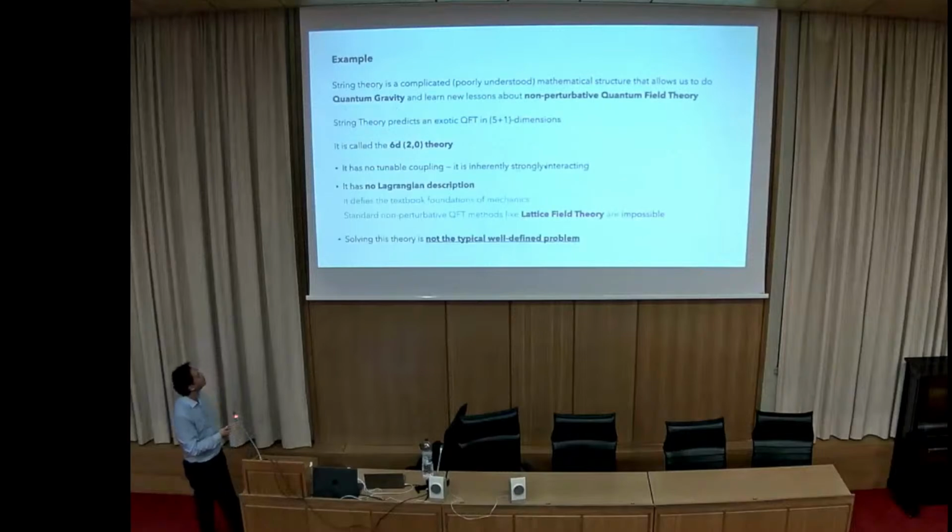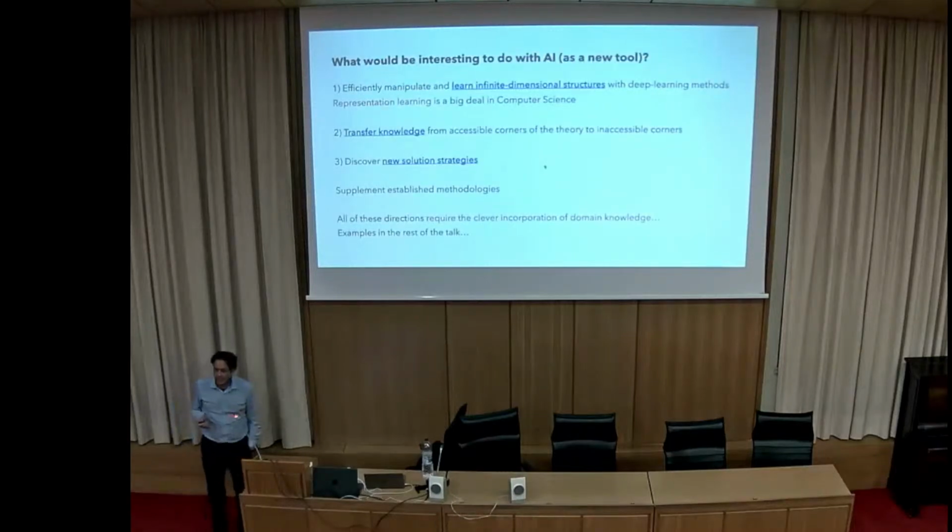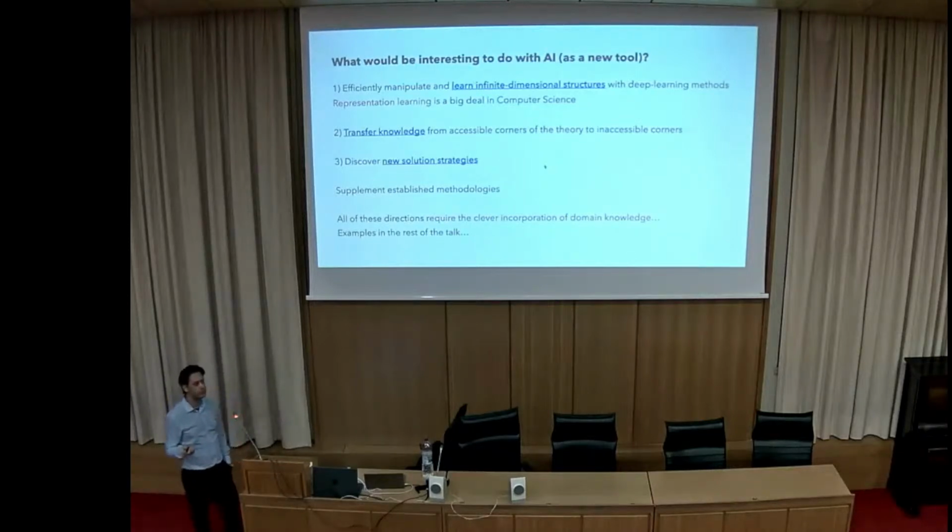Okay, good. So having said this, let me now try to propose three ways in which we could try to use existing ML methods or artificial intelligence methods to advance some of the problems that we're thinking about.